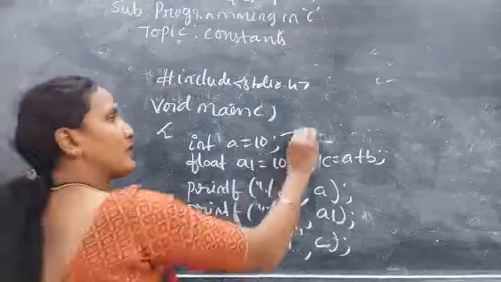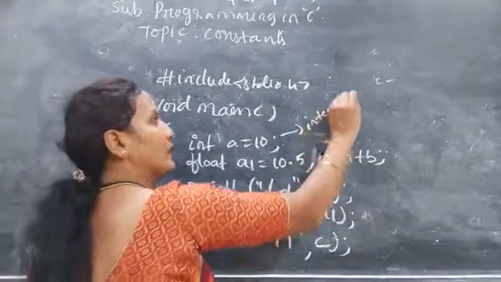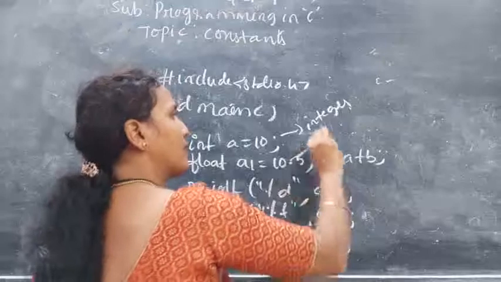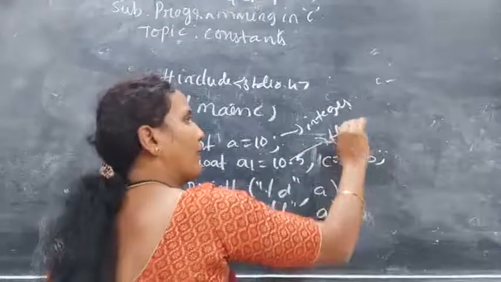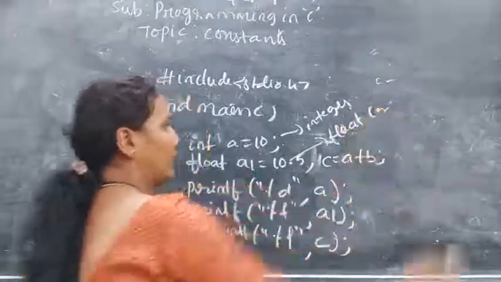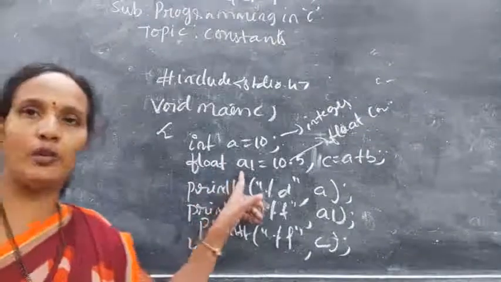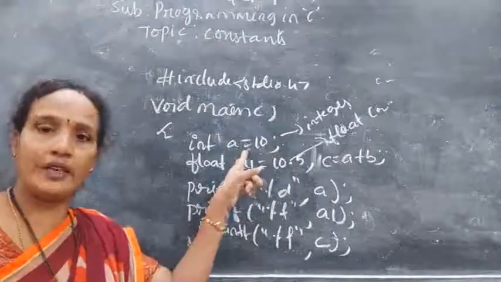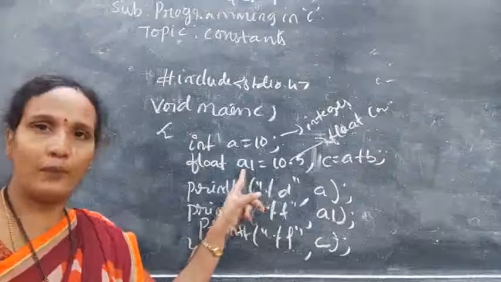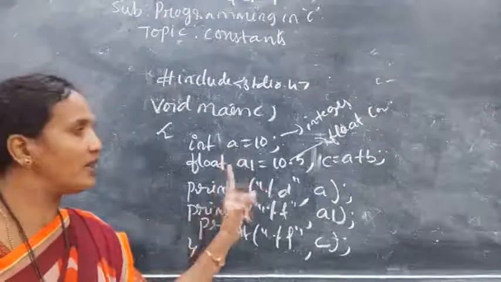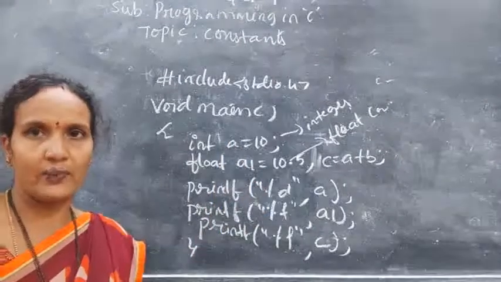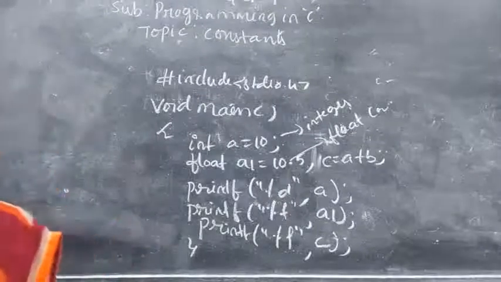This is an integer constant, and this is a float constant. Here they are variables only, but one variable is holding an integer value and another variable is holding a float value. So that is why one is called an integer constant and the other a float constant. You can take a screenshot of this.